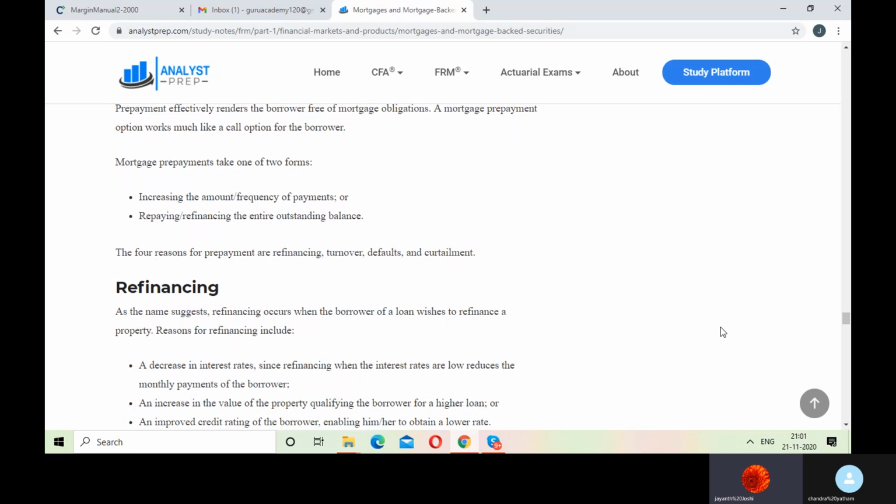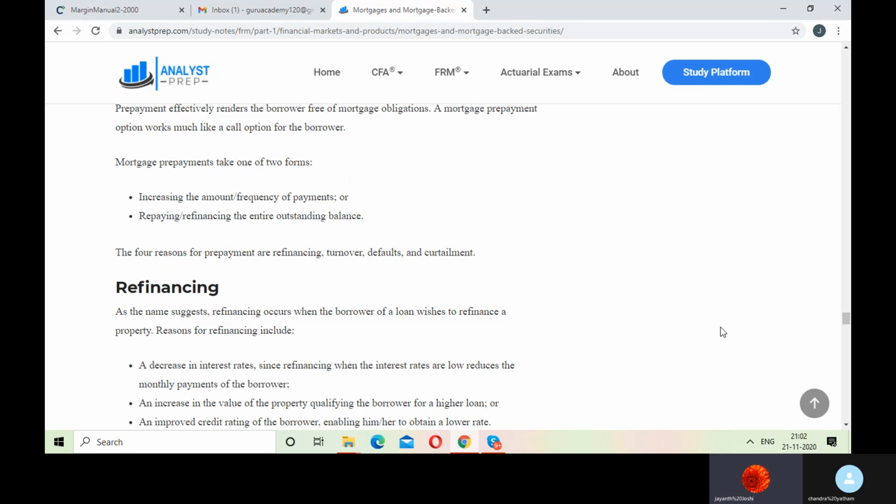Mortgage prepayments take one of two forms: increasing the amount or frequency of payments, or refinancing the entire outstanding balance. Either you make prepayments much more often, or you approach another bank to make the complete outstanding payment there and then and settle your loan.